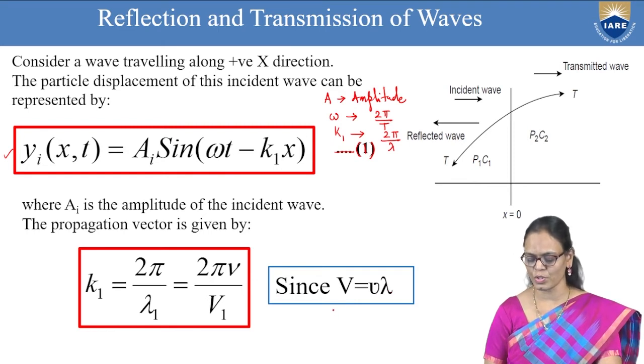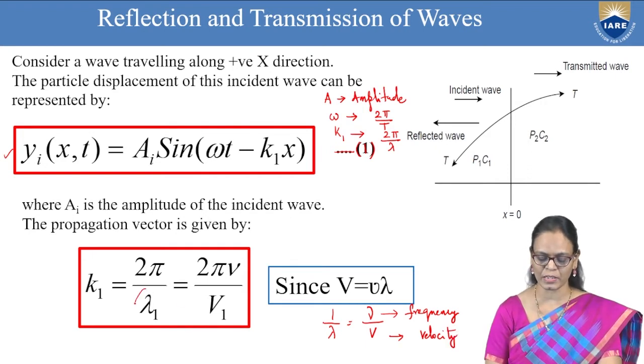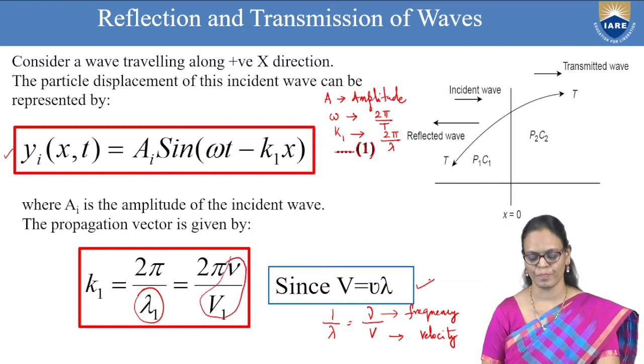So 1 by lambda will be nu upon v, where nu denotes the frequency and v represents the velocity. So what we are doing here is replacing this lambda 1 with v1 upon nu from this expression.